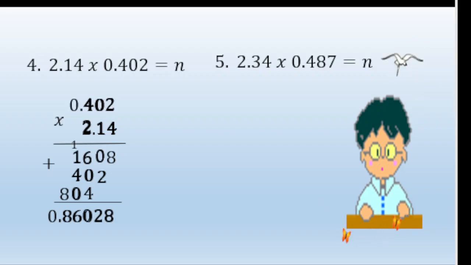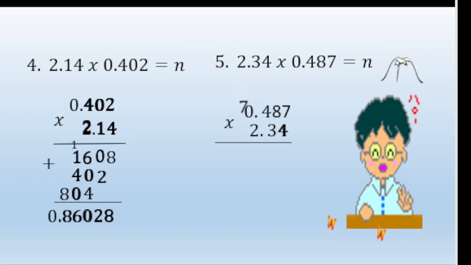So if you will notice, one of the factors has 3 decimal places. So multiply. So you have 2.34 times 487,000 equals. So 4 times 7 is 28. So we are now on regrouping. Then 4 times 8 is 32.